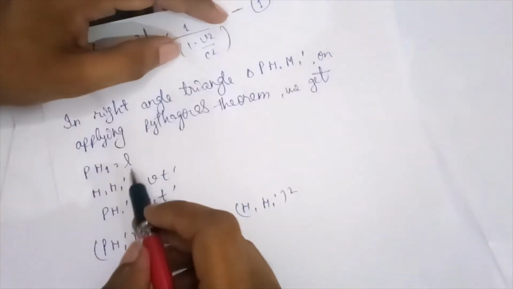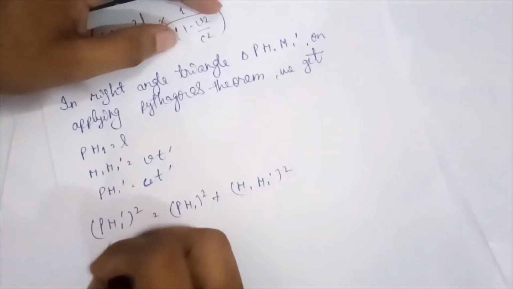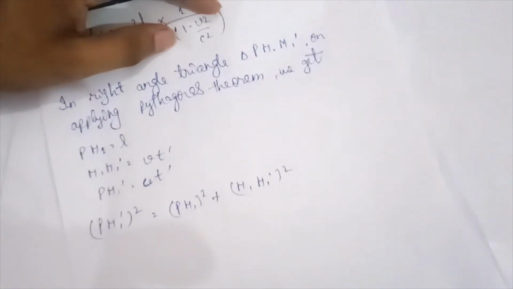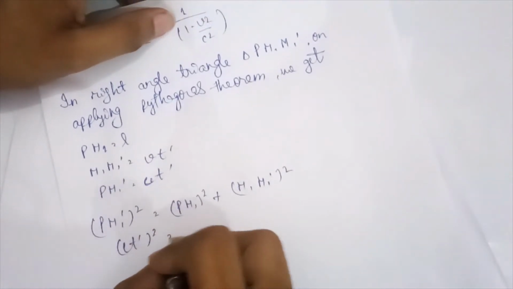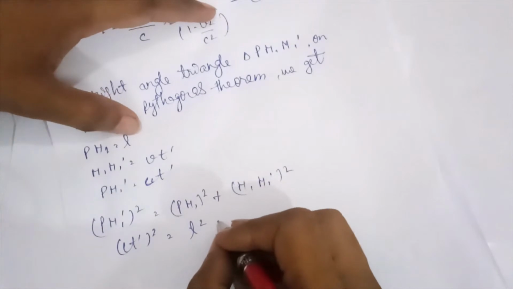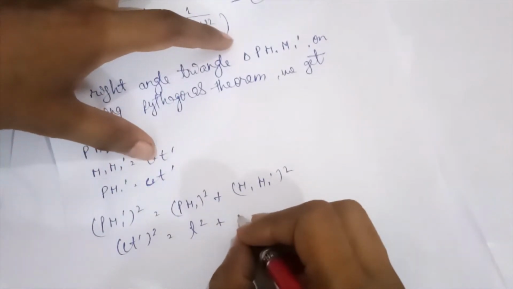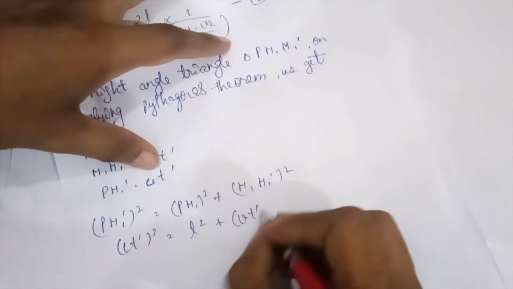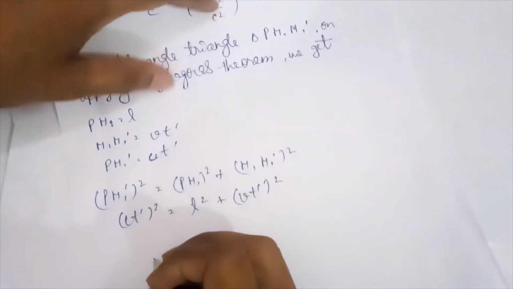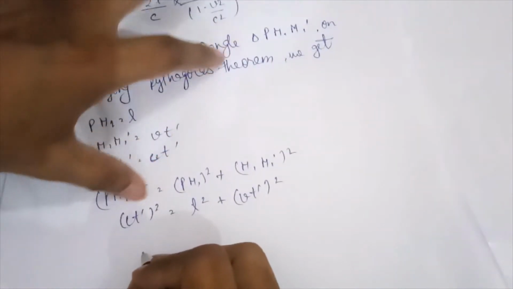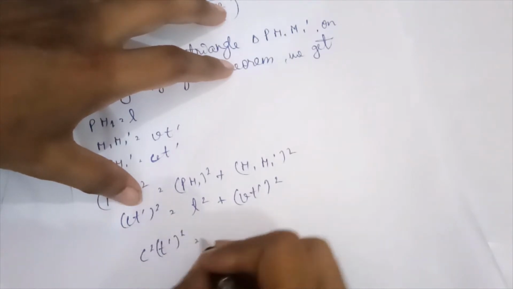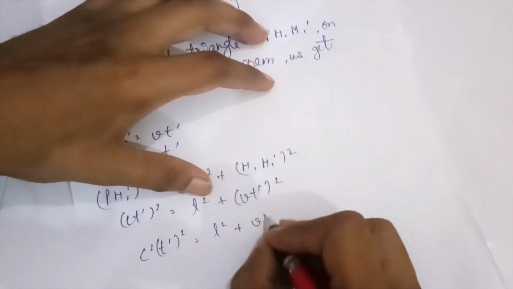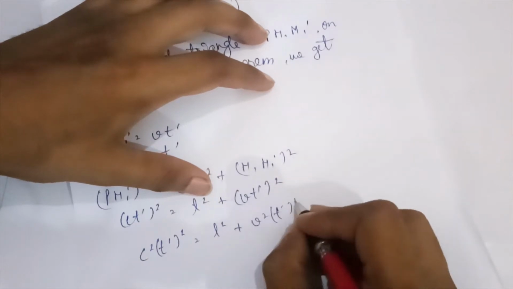Now putting these values in this equation, we get (cT dash) whole square equals L square plus (vT dash) whole square. Now c square T dash square equals L square plus v square T dash square.